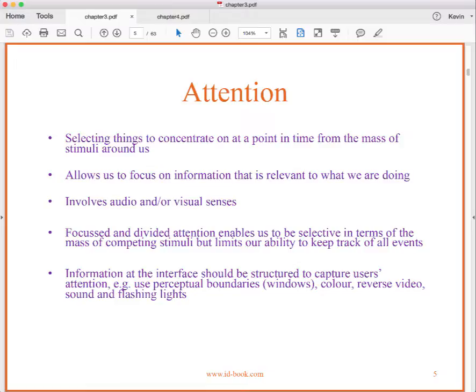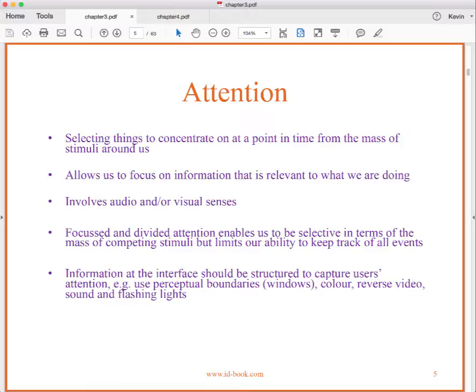Traditionally audio and visual senses, but even more, physical sensations. Could we perhaps get people's attention with smell? Well, it's not something we typically do, except when we're trying to get people to eat for the most part. But there's a lot of things that are possible.